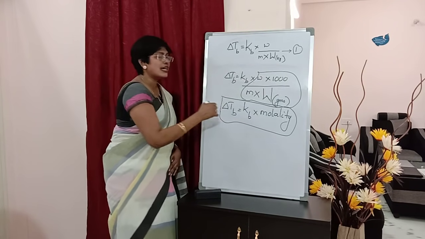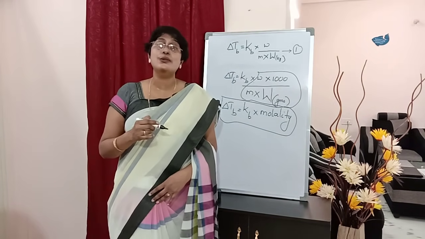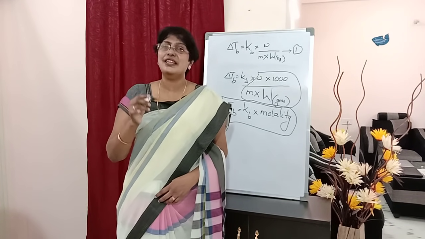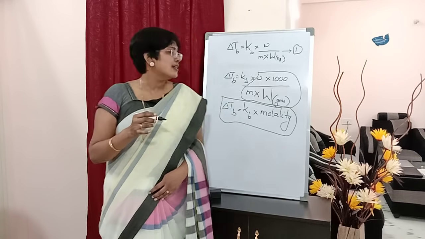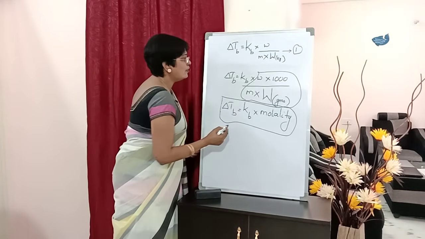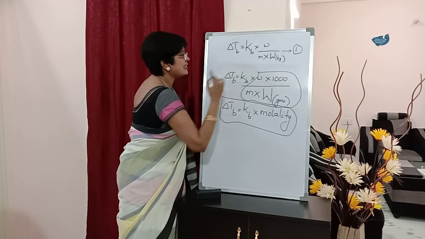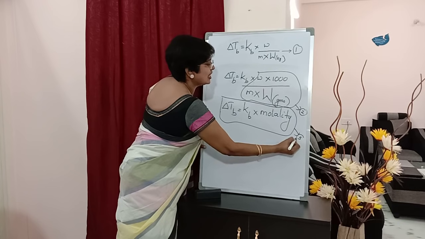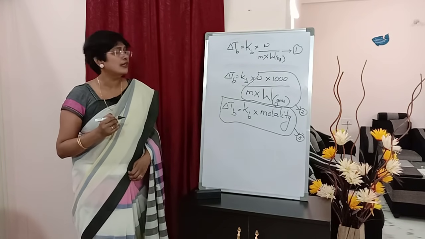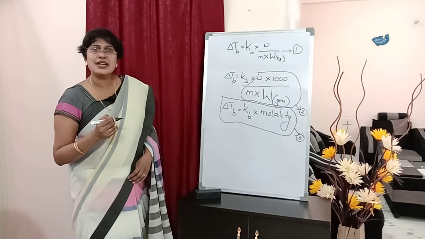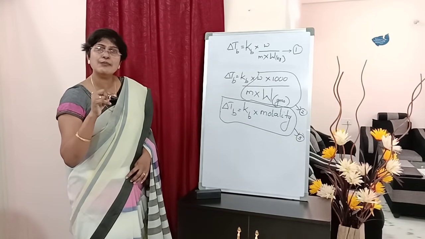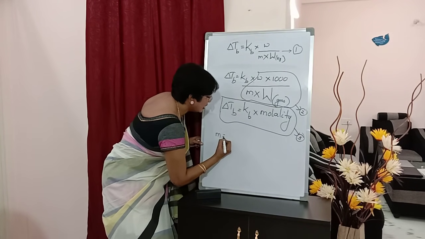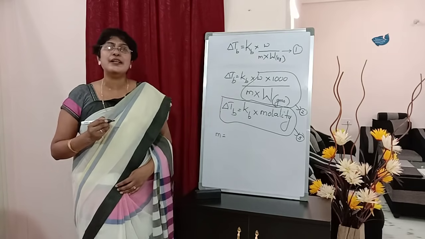Students, all these are the formulae which we use while doing numericals based on elevation in boiling point. Okay, so now finally look here, students. So concentrate on this expression. Give this equation 2, give this equation 3. Okay, so now from equation 2, write down. From equation 2, our main purpose, M is equal to, what is our main purpose?